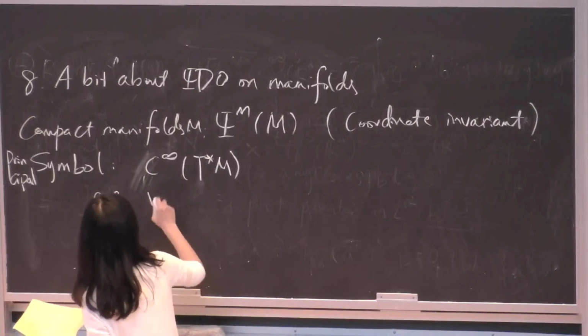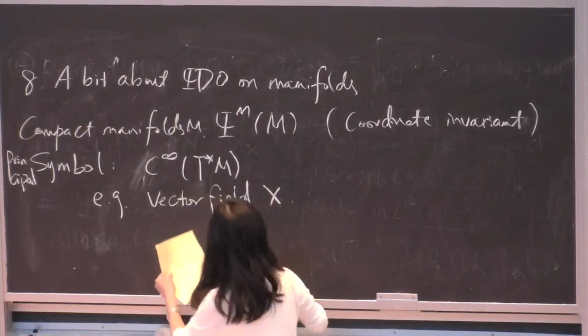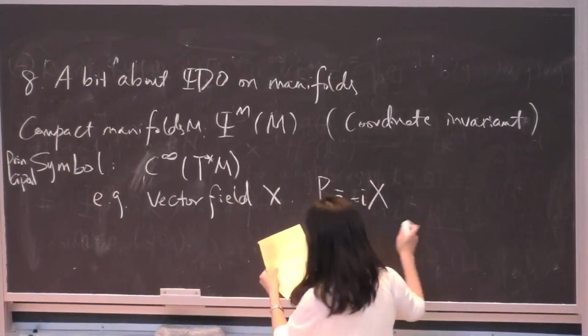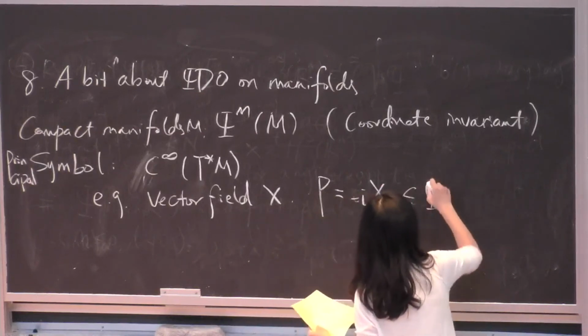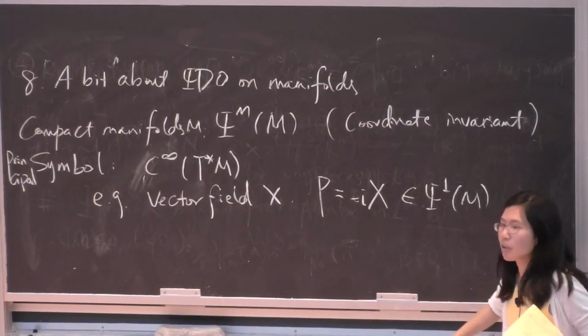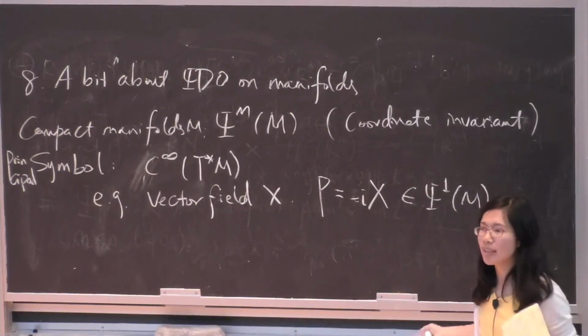So for example, if you take a vector field X and take the operator to be minus iX, this is in the Kohn-Nirenberg class, a first order operator. The X is in some sense just d by dt.